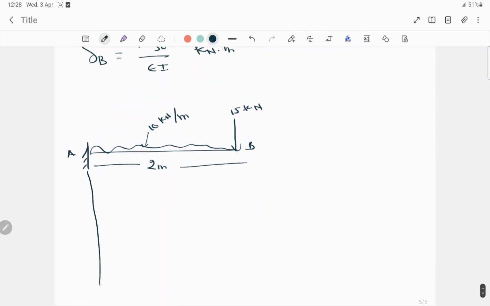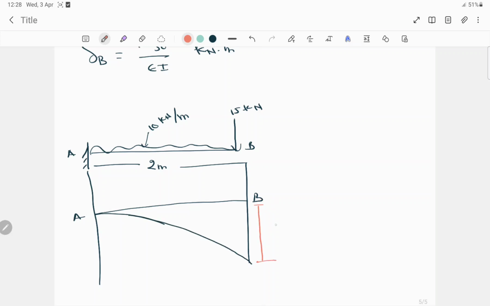So our elastic curve will be like this, A, B. Here deflection will form at B, theta B, and here theta A, slope at A, will be 0.